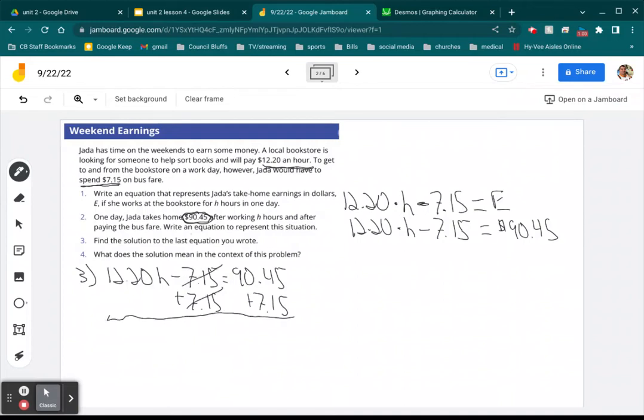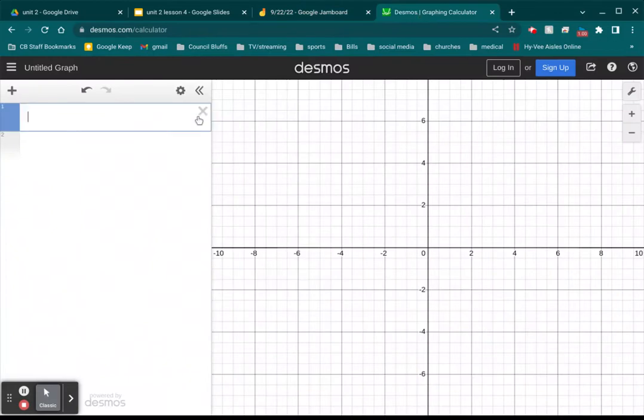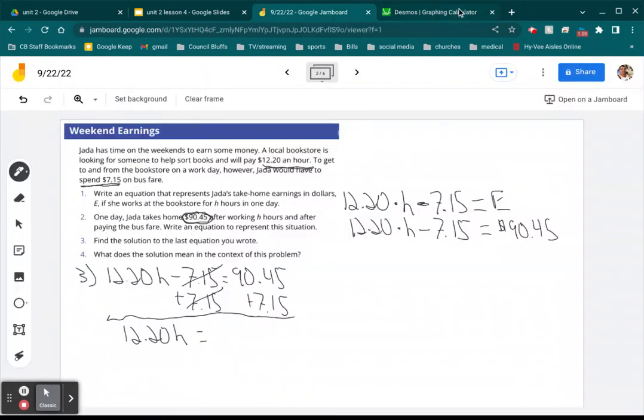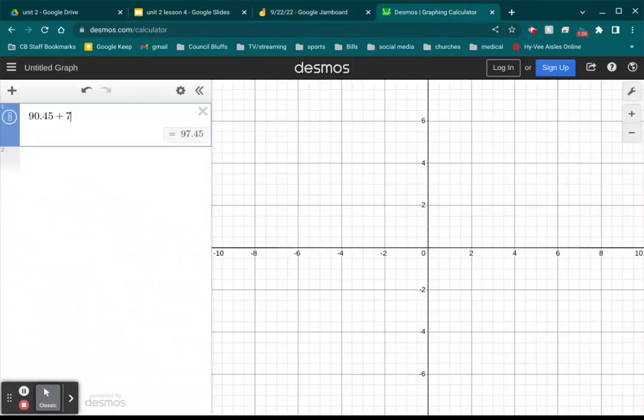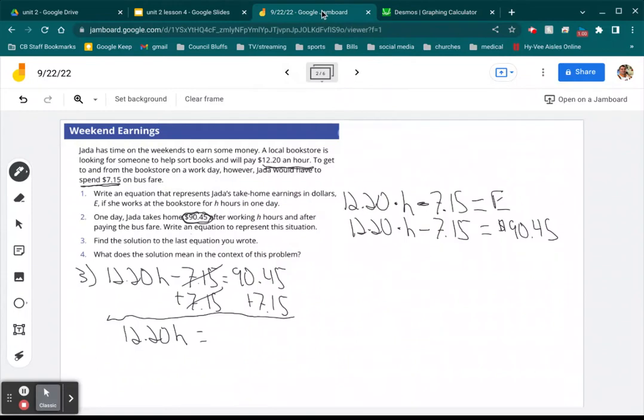Okay, that will cancel out that, and I'll be left with 12.20 times H equals, and we'll put this in the calculator, $90.45 plus $7.15, and I get an answer of 97.6, which would be $97.60.